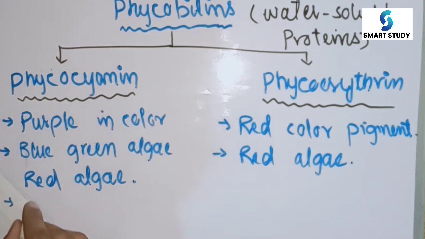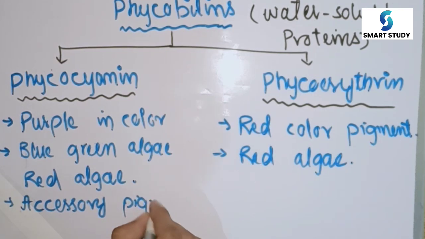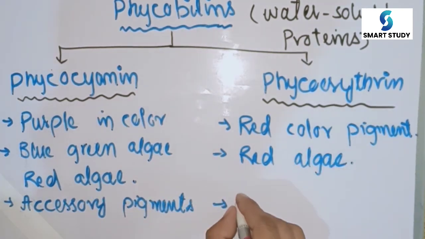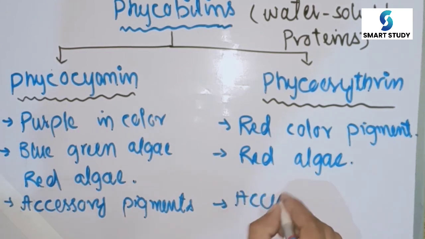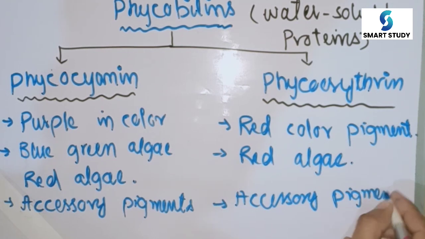Phycocyanin and phycoerythrin both are accessory pigments. They capture light and transfer it to the reaction center.